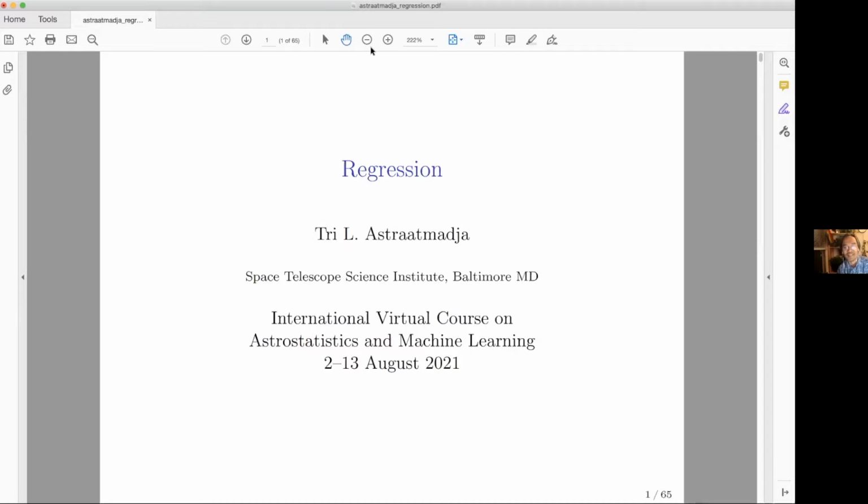So we can use that as our likelihood. The probability to observe a single data point, given the parameters theta, is a Gaussian. It's centered on the model, and it has a width of sigma.